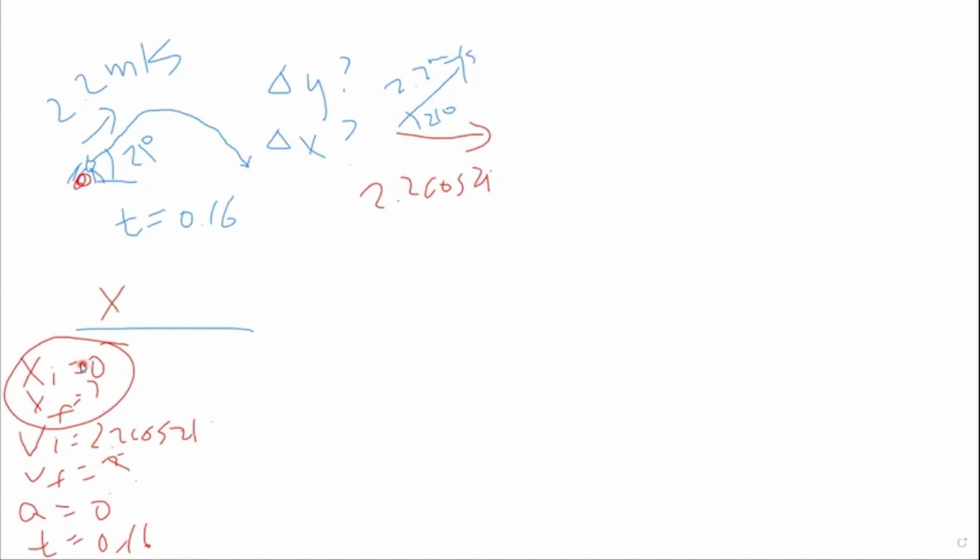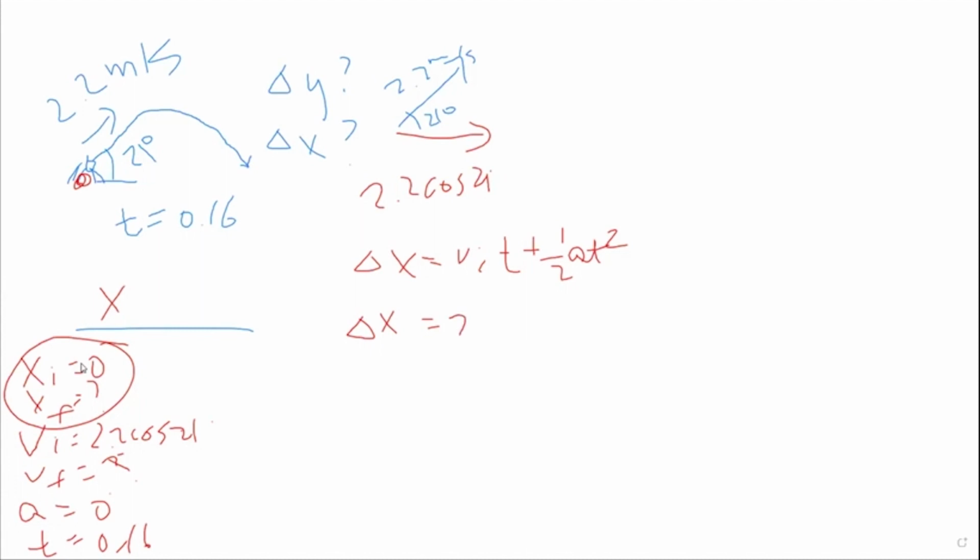So let's figure it out. It's the same formula we've been using again and again: v initial times t plus 1/2 a t squared. We're looking for the displacement in terms of x.